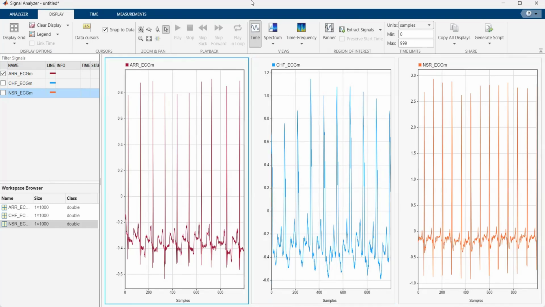So one way that we could extract the features is to go to this TF tab, and over here you will find spectrograms and scalograms.